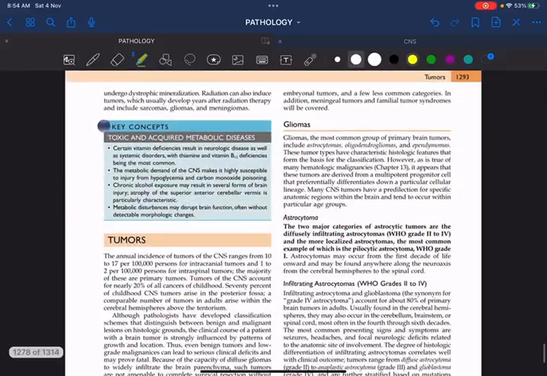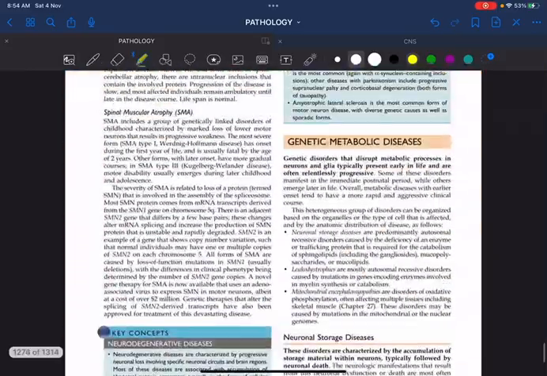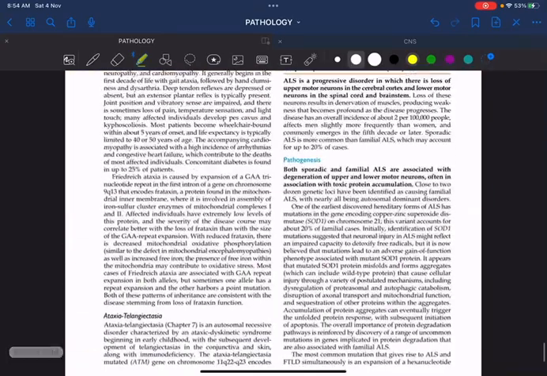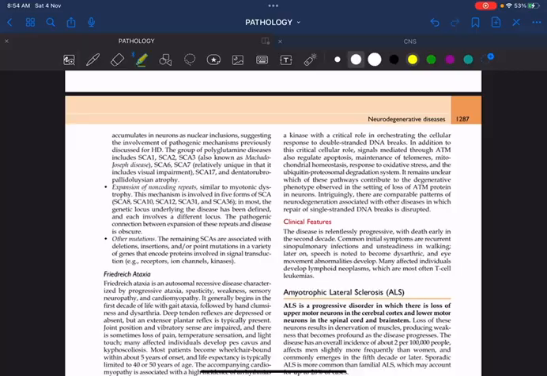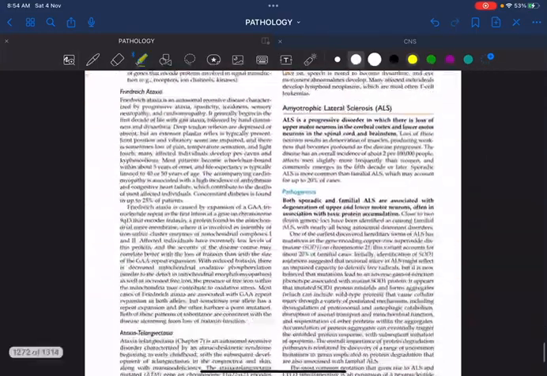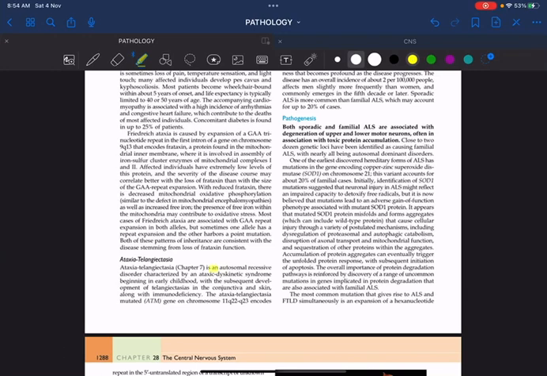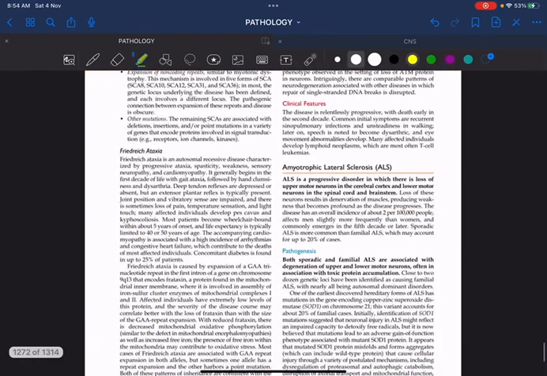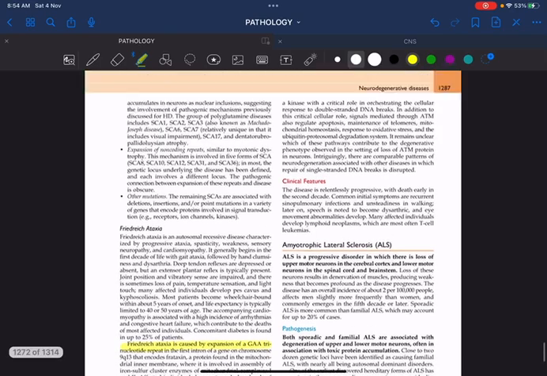With this we have finished almost all the other important things. Then I would like to add just a few points. Ataxia telangiectasia: just remember one point, it is an autosomal recessive disorder and the chromosome number is 11. And Friedreich's ataxia, the trinucleotide repeat is GAA.